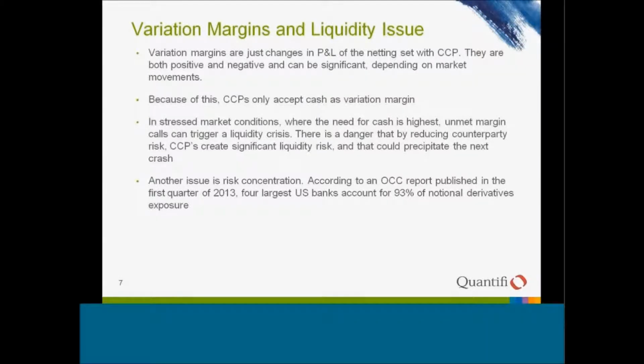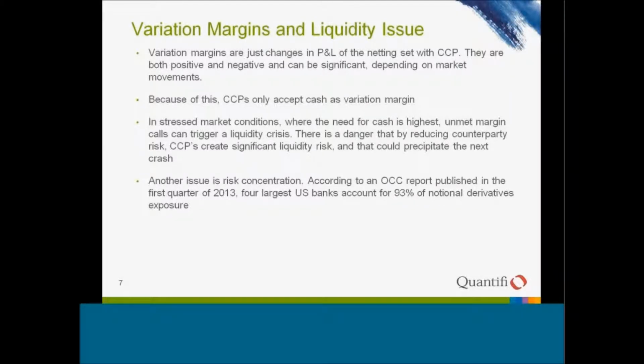Basically, you need cash at the time when you have to put up these margins, the time when you need cash the most. So there is a danger that by reducing counterparty risk, CCPs create significant liquidity risk, and that could precipitate the next crash. This is something which I think the industry has to keep in mind.